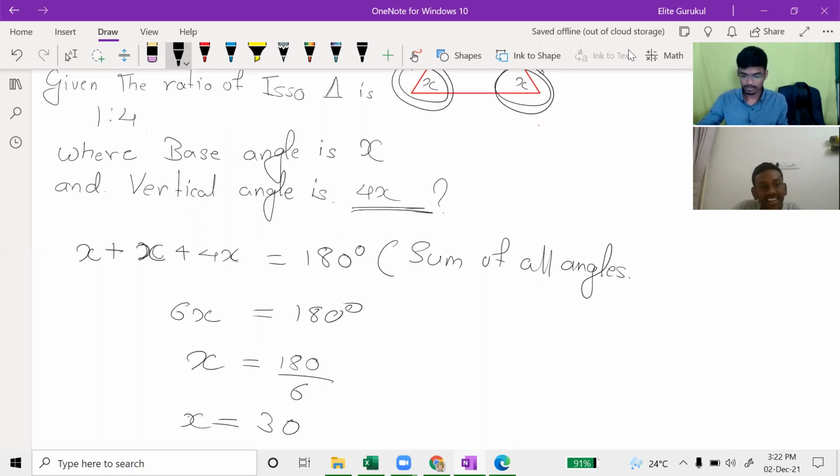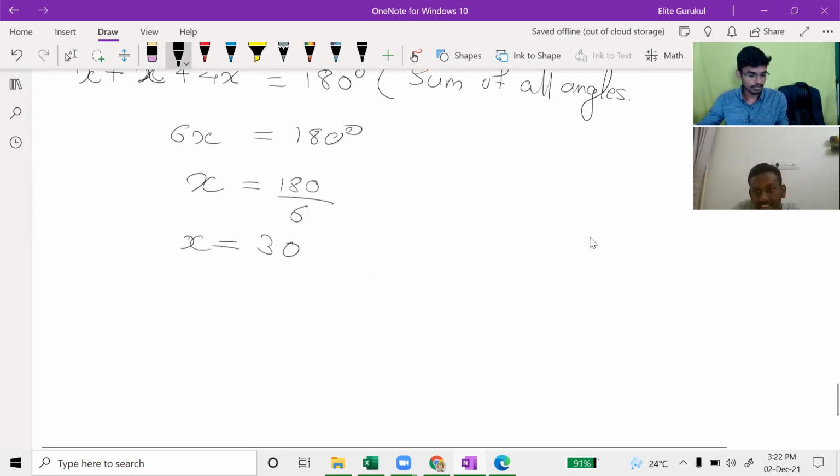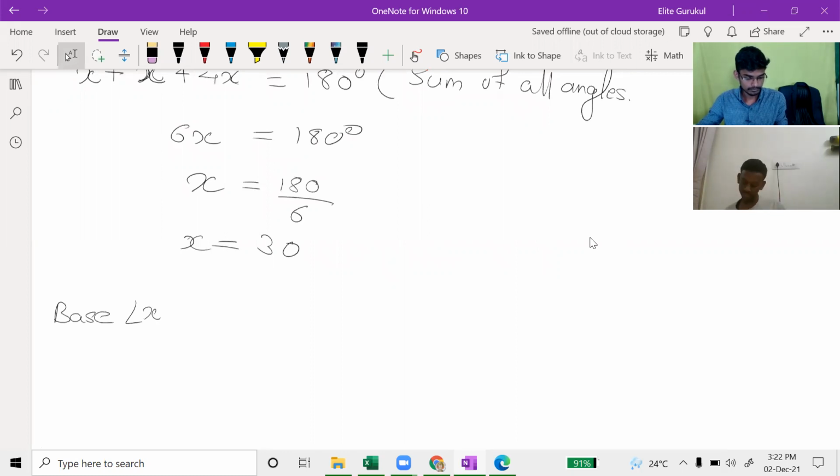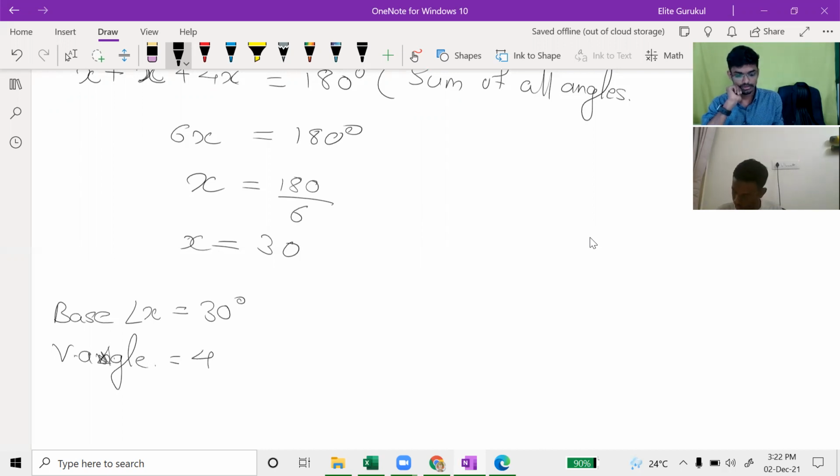Now tell me the base angle. 30 degrees. The second base angle, 30 degrees. And the vertical angle, which is equal to 4x.